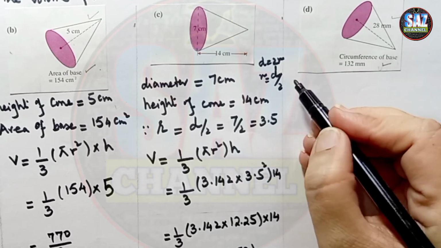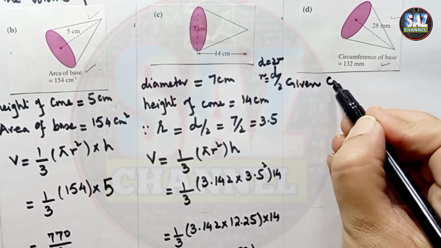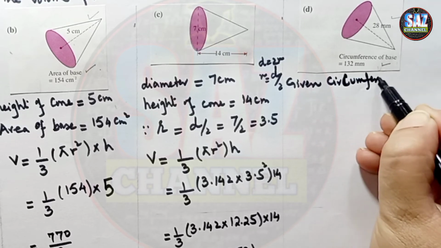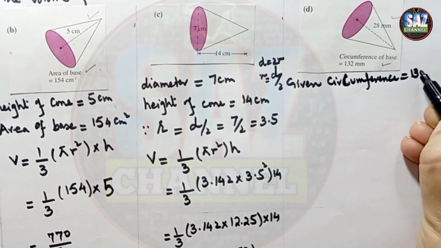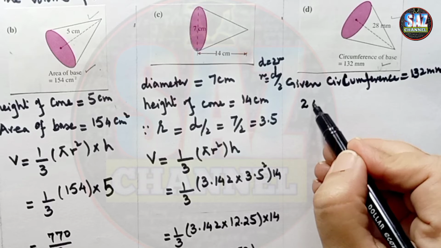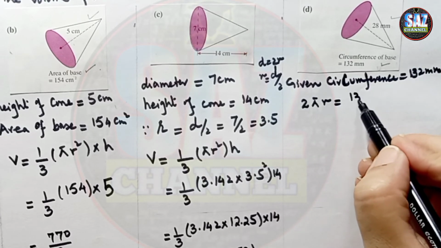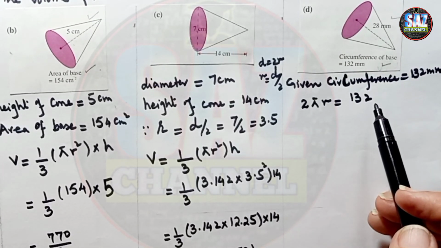The given circumference is 132 mm, and the formula for the circumference is 2 pi r equals 132.